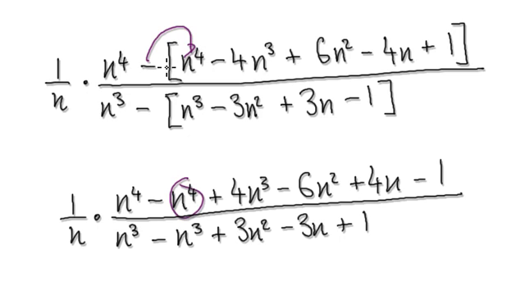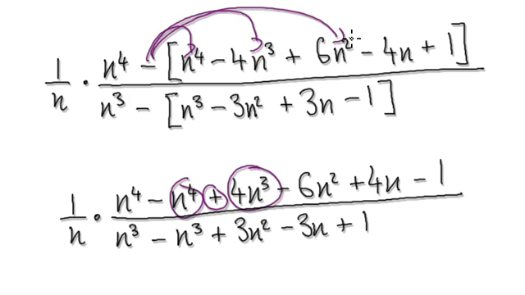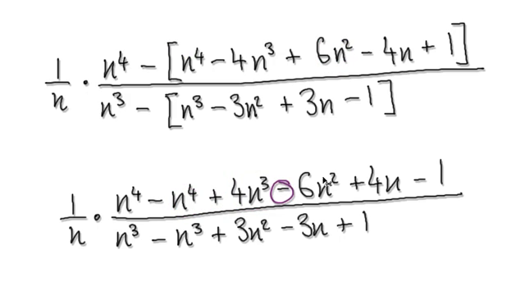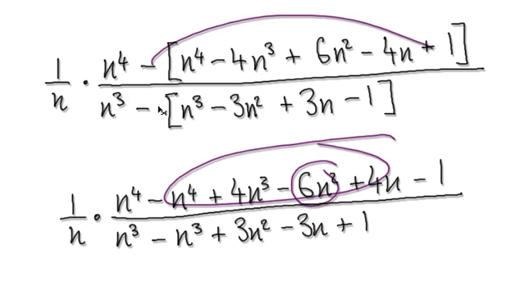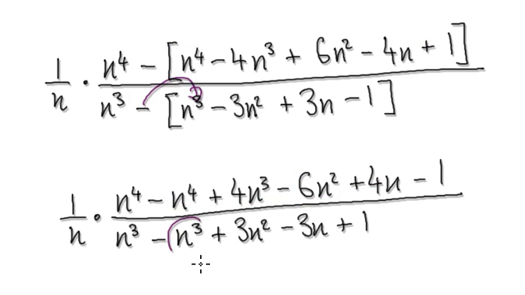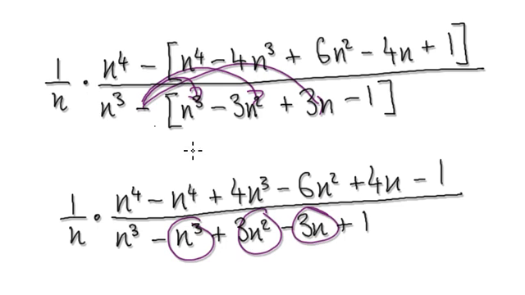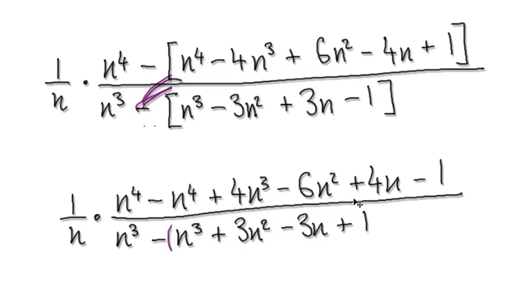That will give you minus to the power of 4. That will give you positive to the power of 3. That will then give you a negative 6n squared, and so on. That will then give you this whole thing here, and then do the same for this one here. That will give you negative this. That will then give you this.